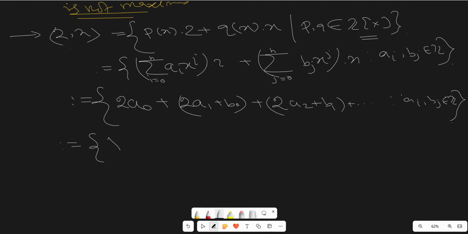What is that? Can't you see, all these polynomials p(x) inside Z[x] are such that p0, the constant term, is even? Are you getting my point? p0 is the constant term, and this is an even number.